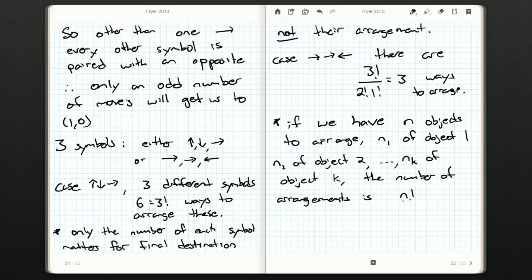Well, there's a formula for the number of ways we can uniquely arrange these.